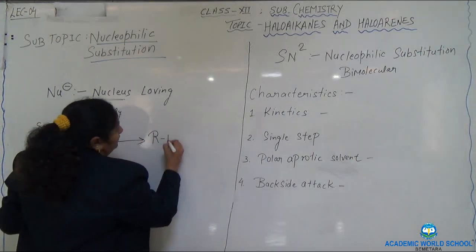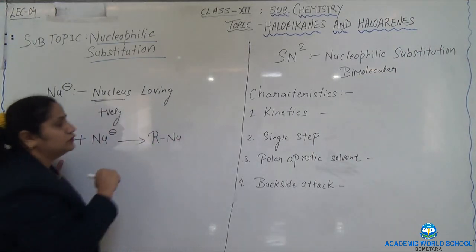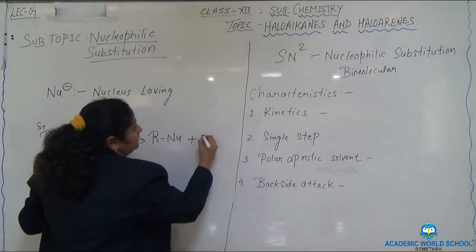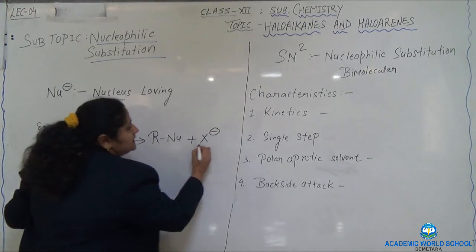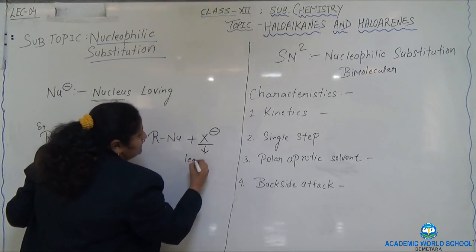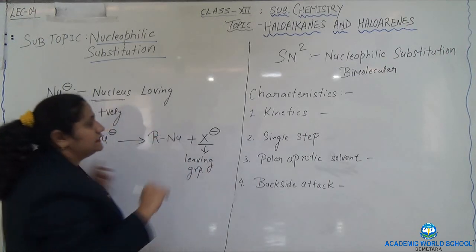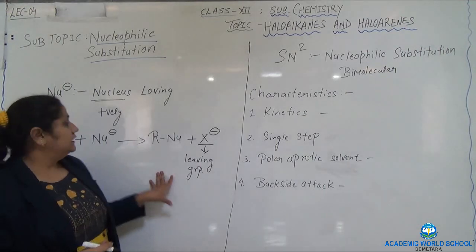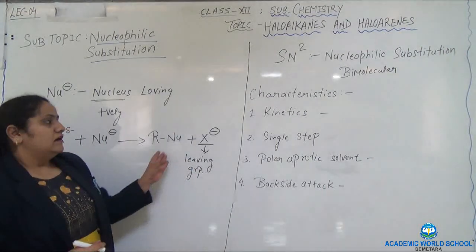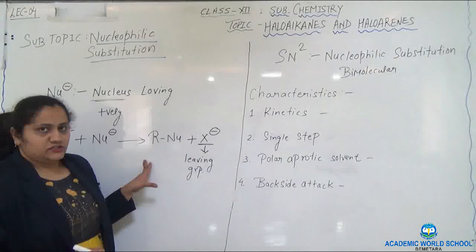So R reacts with the nucleophile, plus a leaving group. This X minus is termed a leaving group, because in this nucleophilic substitution reaction it leaves as a byproduct of the reaction.